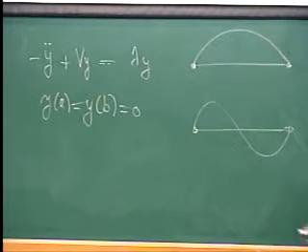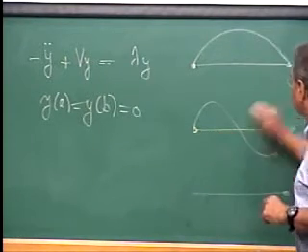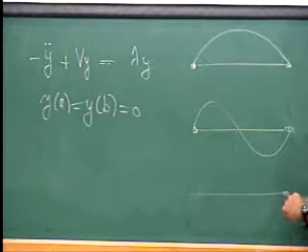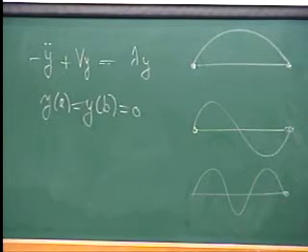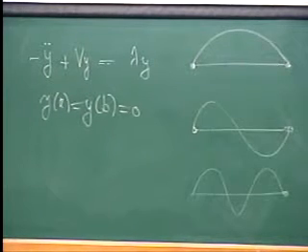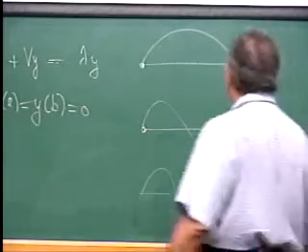So here you have 1 nodal domain. Here you have 2. If you look at the third one, it looks like this. So in fact, if you look at Sturm-Liouville problems, the kth eigenfunction has exactly k nodal domains. Or you can formulate this differently.